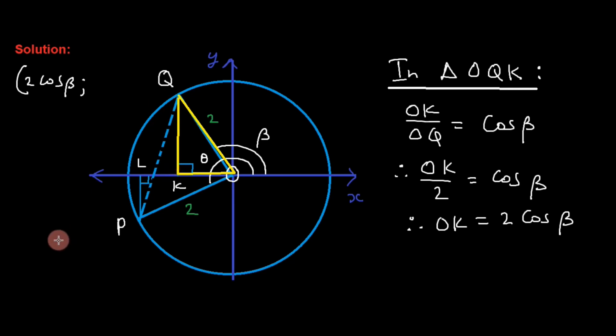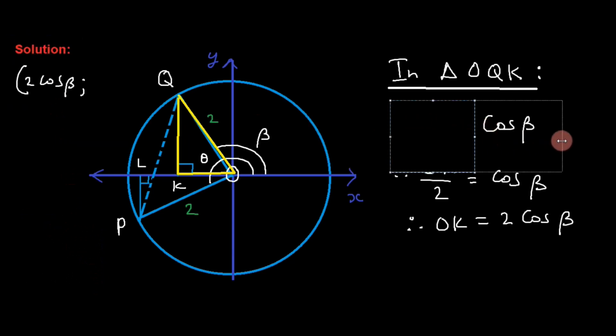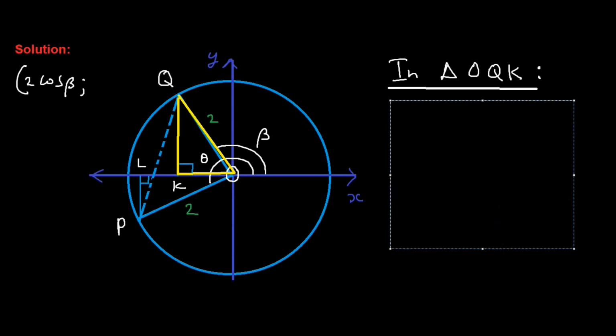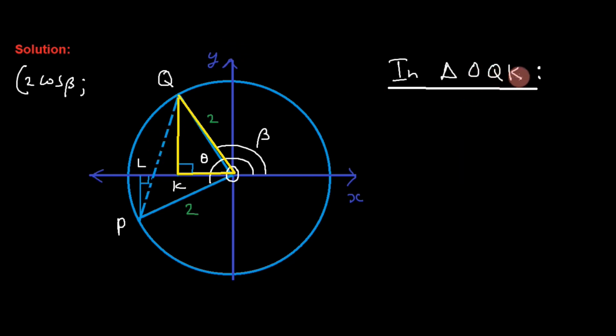So let's find the y coordinate. So then, also inside triangle OQK, QK over OQ will be the opposite over the hypotenuse, and that's of course the sine of beta.